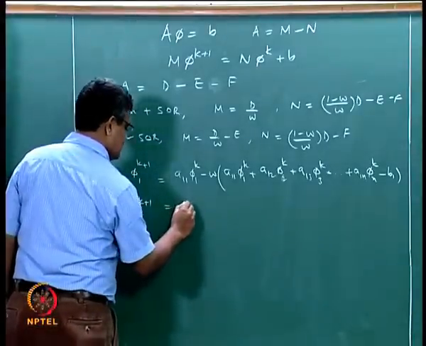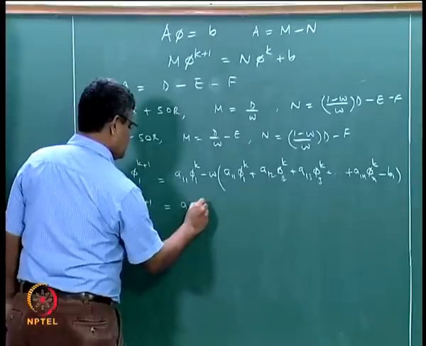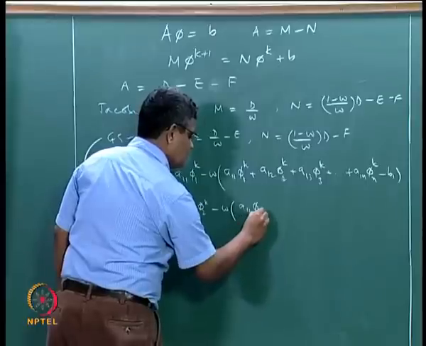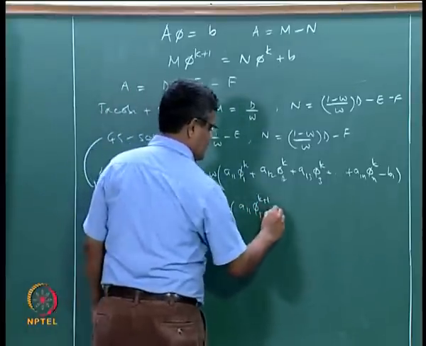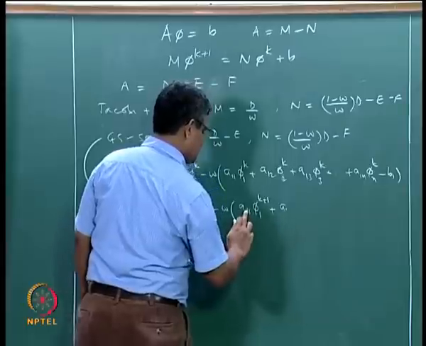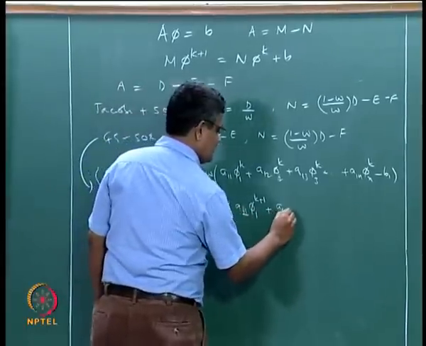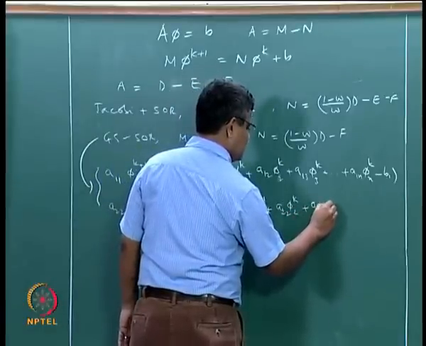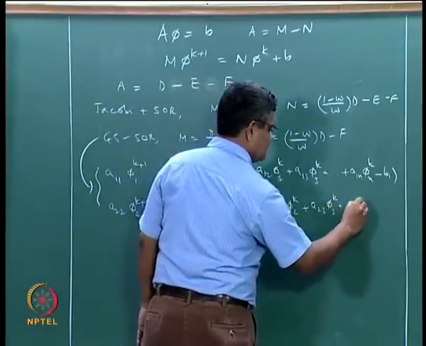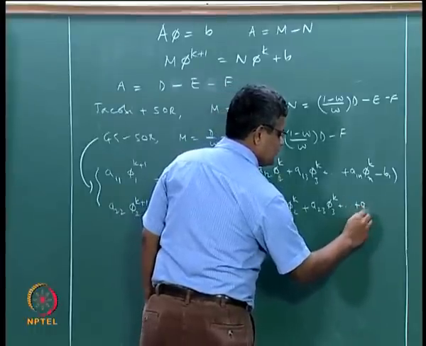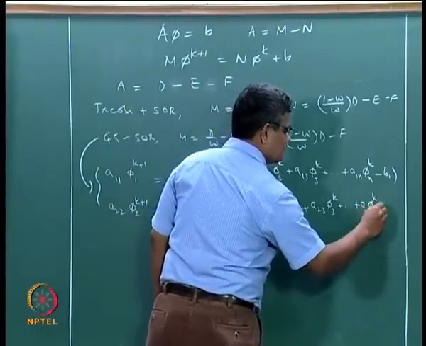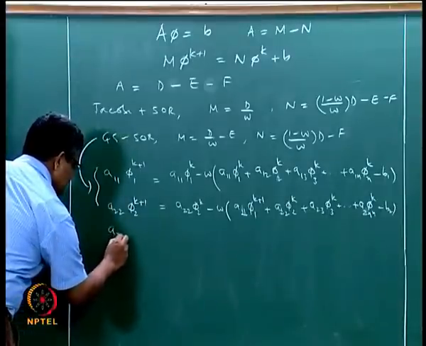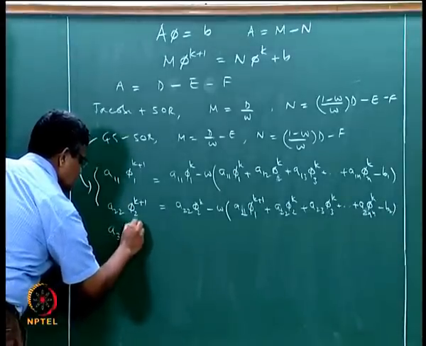In this case this is a22 phi 2 k minus omega times (a21 phi 1 k plus 1 plus a22 phi 2 k plus a23 phi 3 k plus so on up to a2n phi n k minus b2), and we will just write one more before we write the general expression.